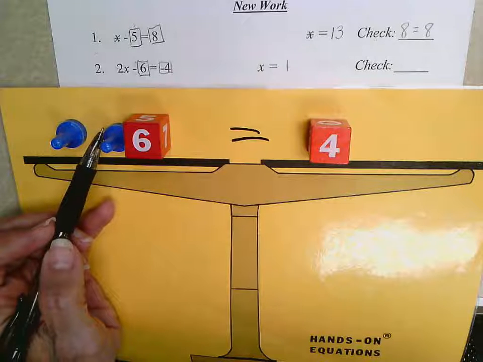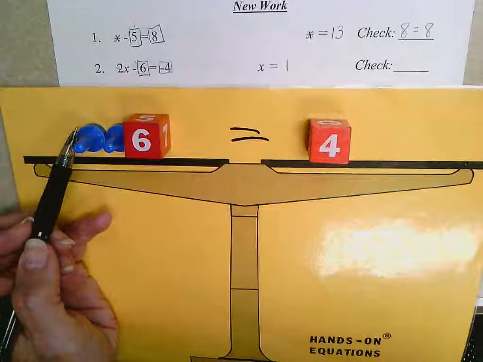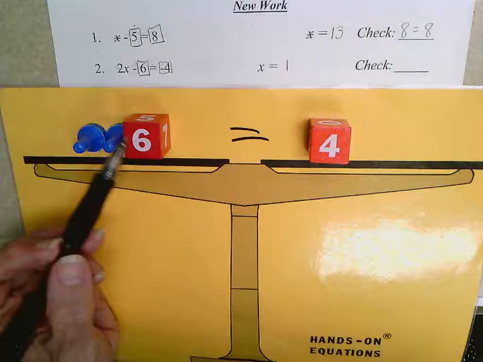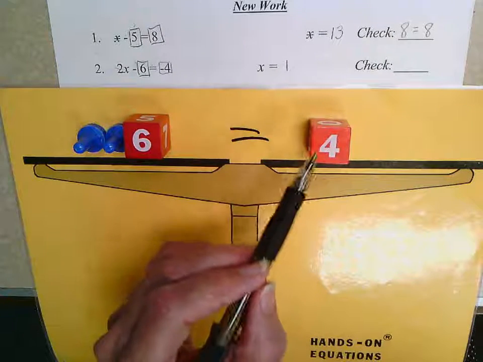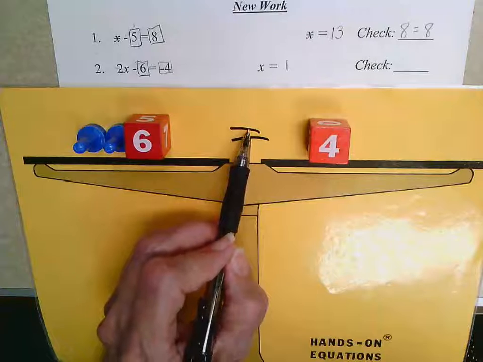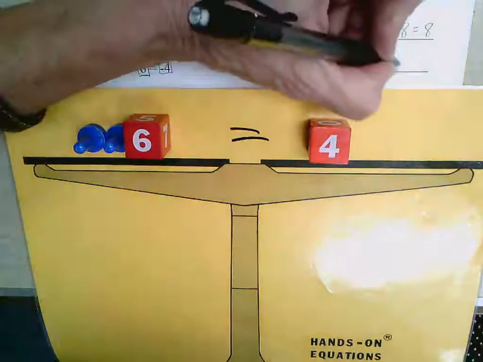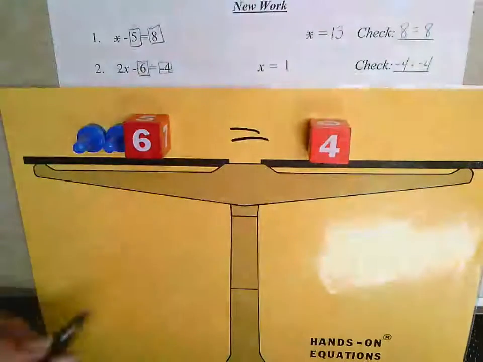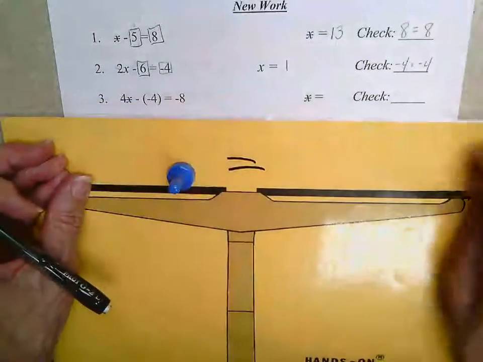That would take me to -5, and another +1 gets me to -4. So this quantity is -4, and this quantity is -4. Those two are equal. That means my x value is correct. So I write for my check -4 equals -4. Next problem.